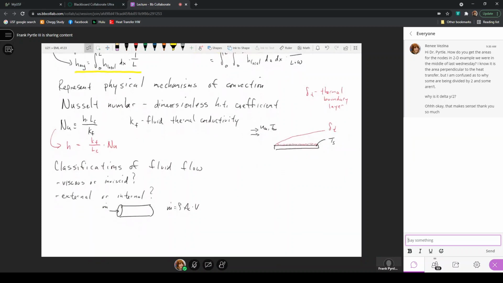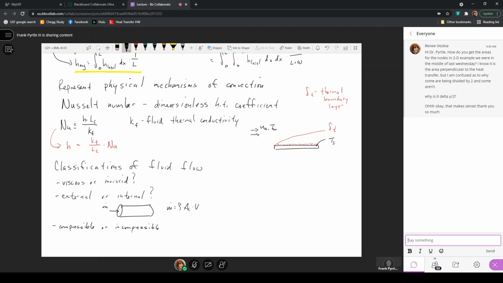We could also consider, for the fluid flow, is the fluid compressible or incompressible? This will affect also the heat transfer coefficient. Now, it has nothing to do with the temperatures, but it does have to do with the density of the fluid.